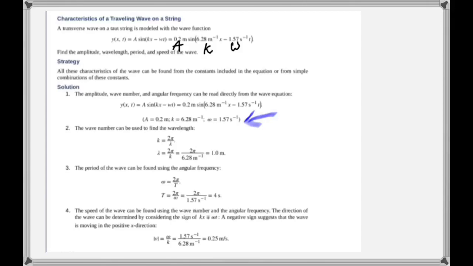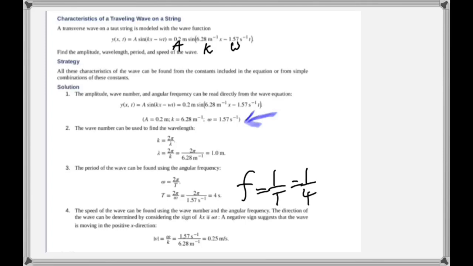And also, since k is 2 pi by lambda, we can use that idea to find out lambda. So lambda is 1 meter, and again omega is 2 pi by T, so that can be used to find the period. And if the period is 4 seconds, then you know that frequency is 1 by T, so that is 1 by 4 seconds.